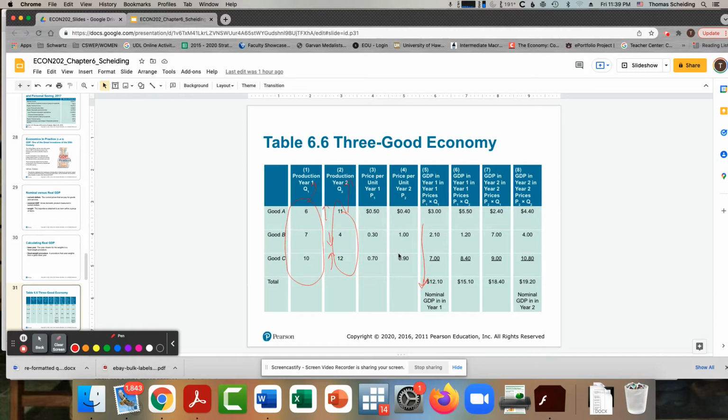But look at what happens if we look at the year 2 quantities but the year 1 price. For real GDP, it only changes when the quantity changes. And that's the only time it'll change.